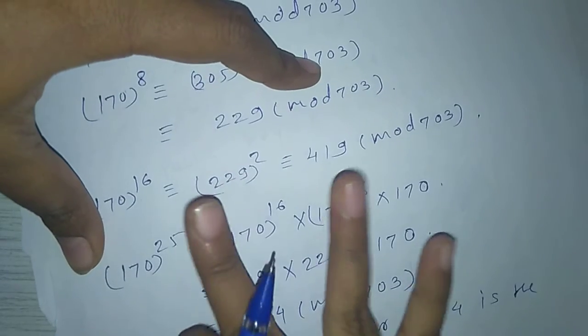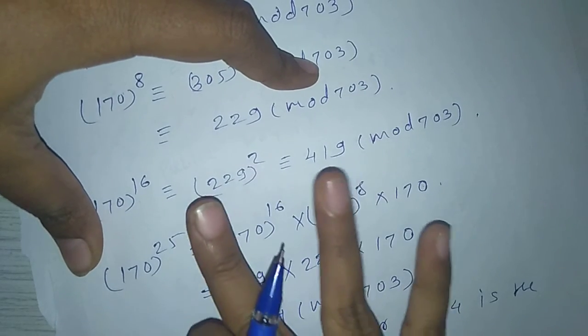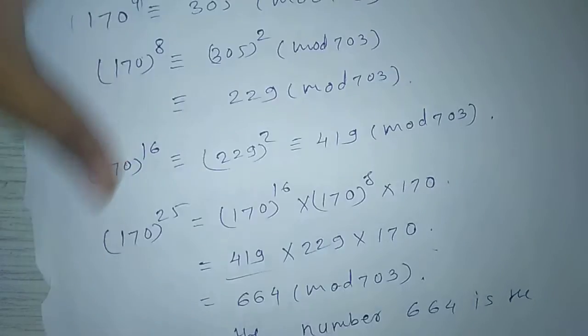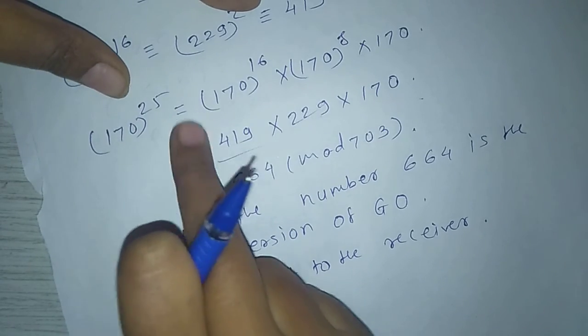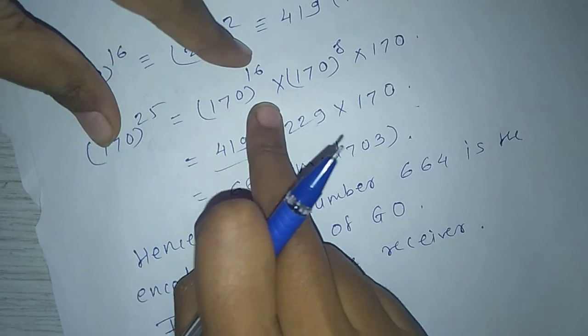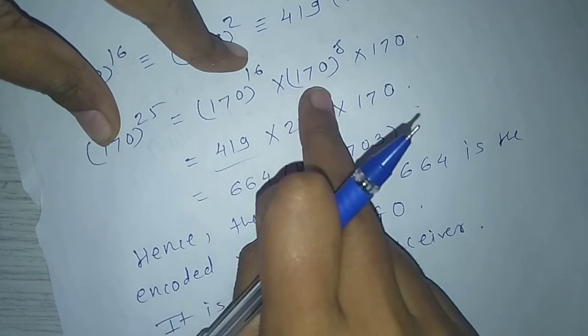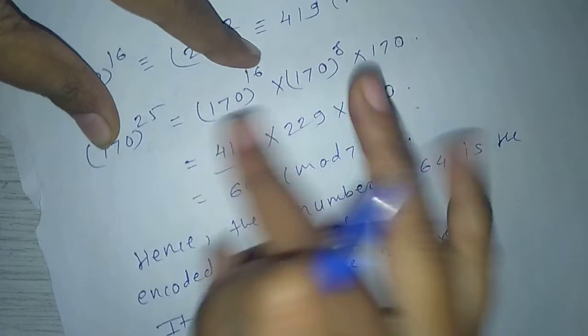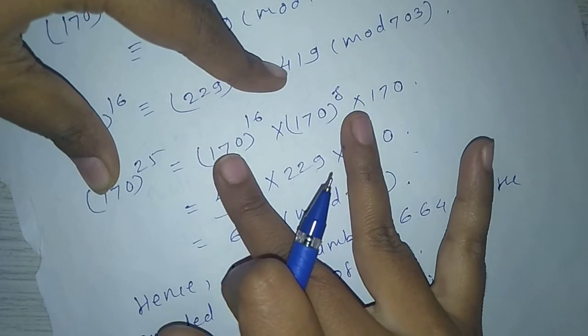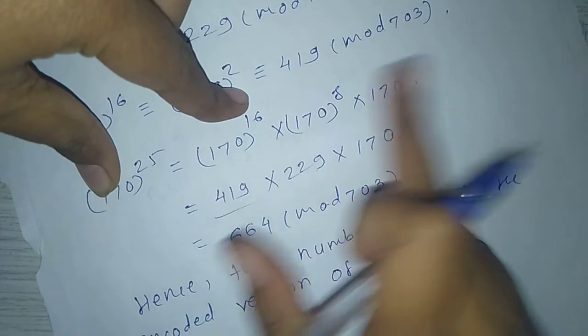And we know how to calculate the congruence of two relations. Next, 170 raised to 25 is nothing but 170 raised to 16 into 170 raised to 8 into 170. Here the powers of 170 are 16, 8 and 1.